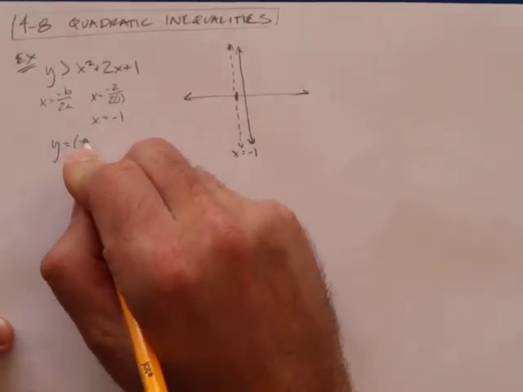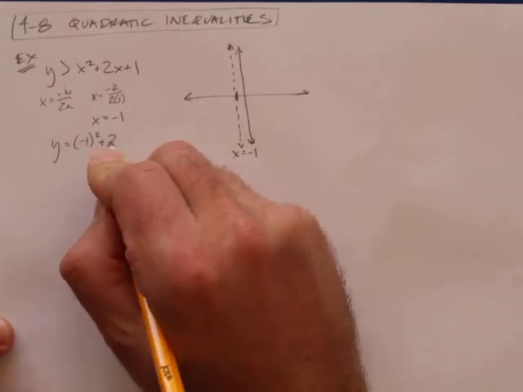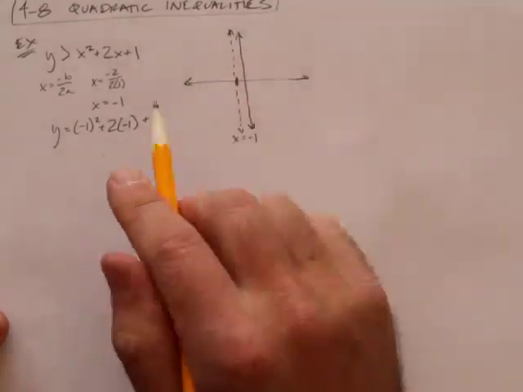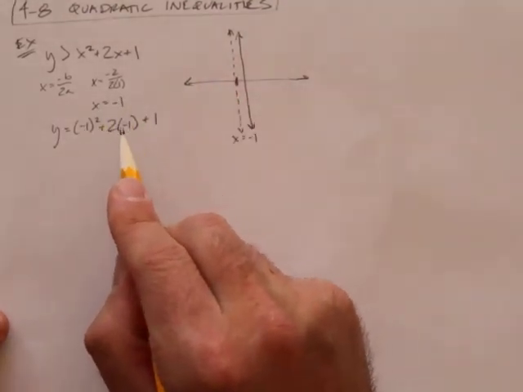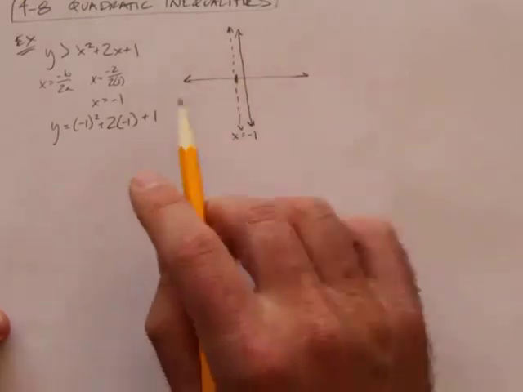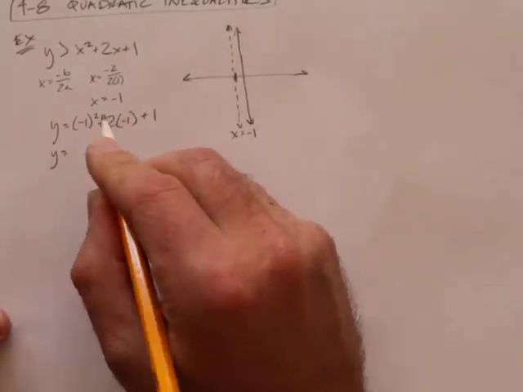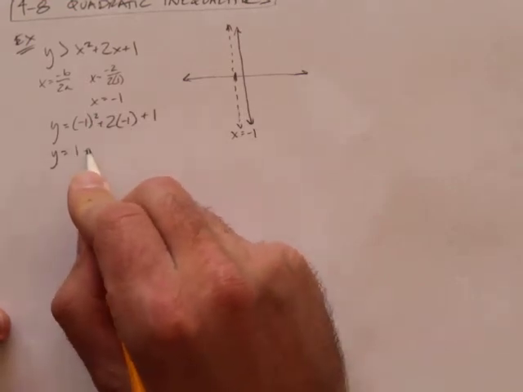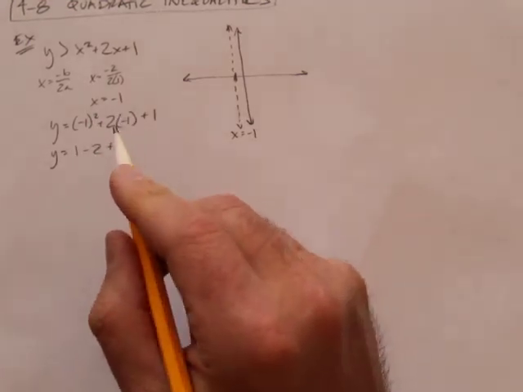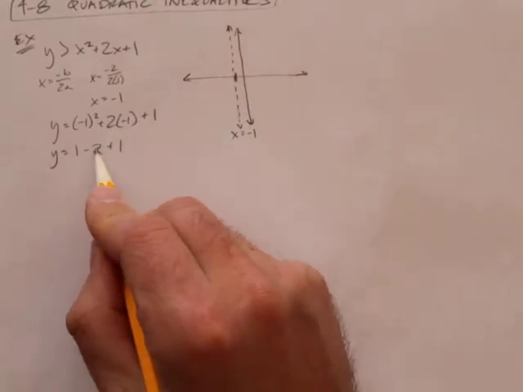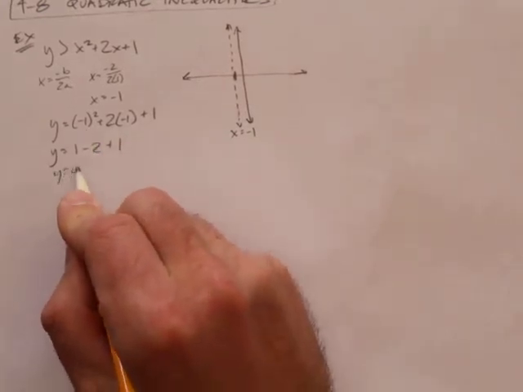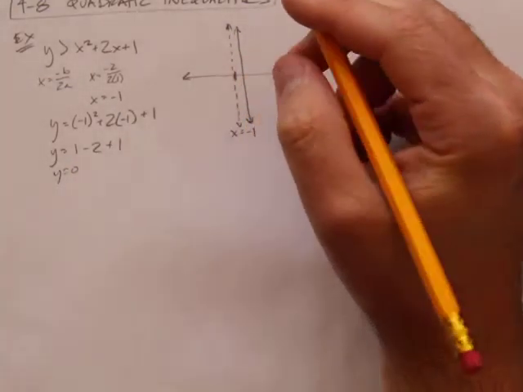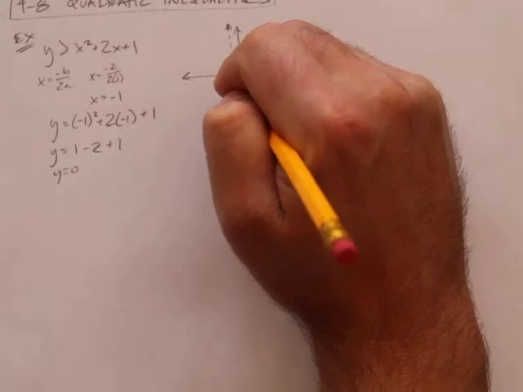Y equals negative 1 squared plus 2 times negative 1 plus 1. Negative 1 squared is positive 1 minus 2 plus 1. So 1 minus 2 is negative 1, plus 1 is 0. So y equals 0 when x equals negative 1.